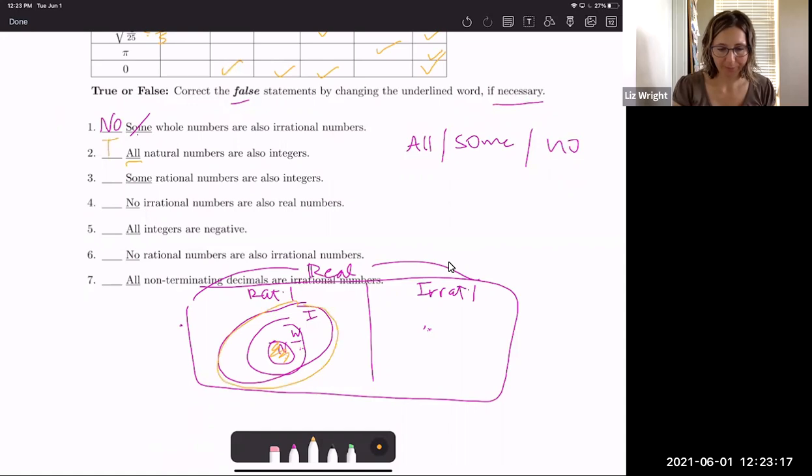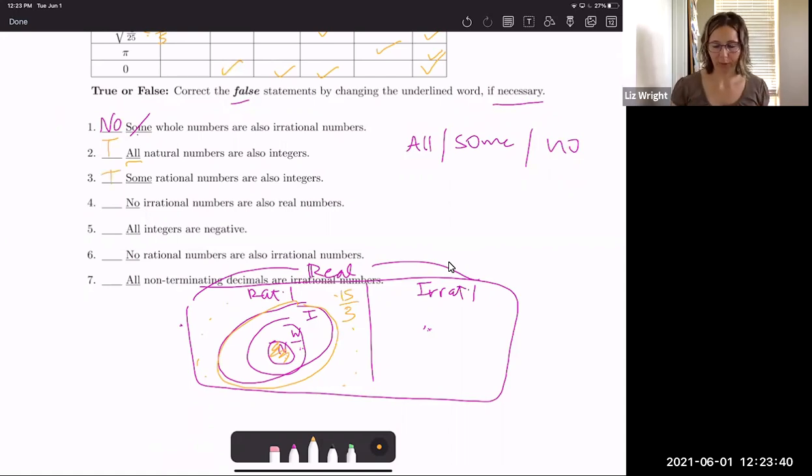So this one's true. Some rational numbers are also integers. Some of these rational numbers are also integers. So you're asking, okay, what about some of the rational numbers, like 15/3? That's a rational number. Is that also an integer? Yes. So that one is true.